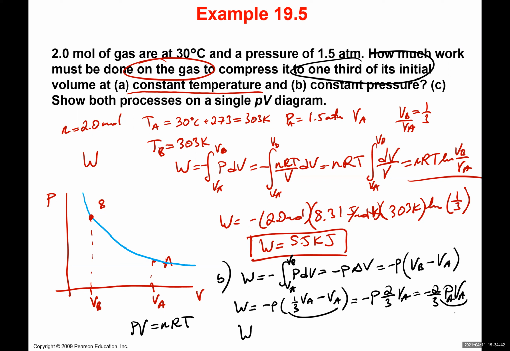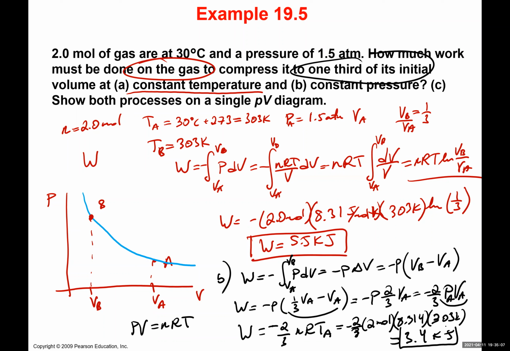That means it equals negative 2/3 times nRT, which is easier to calculate. So negative 2/3, 2 moles, 8.314, times 303 Kelvin. I can calculate this work done to be 3.4 kilojoules.